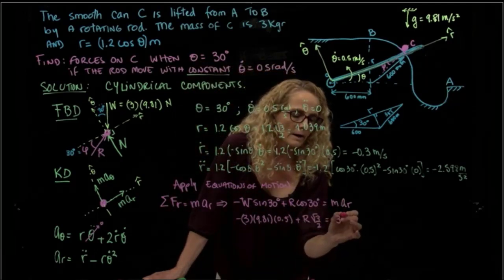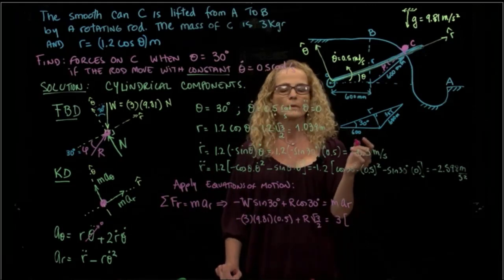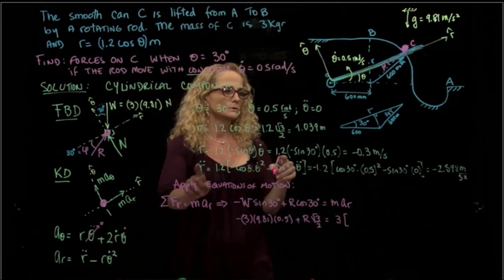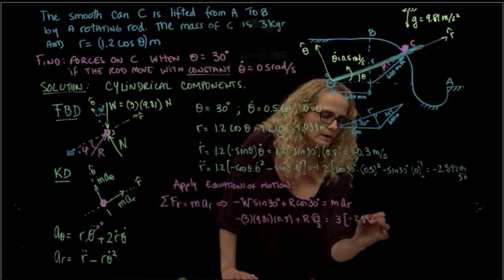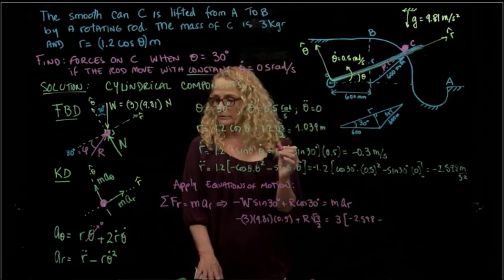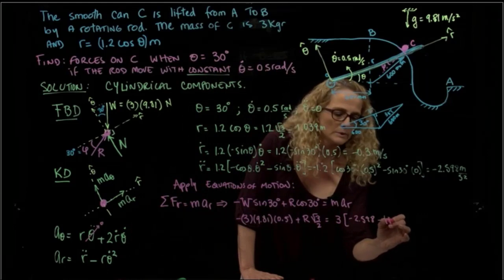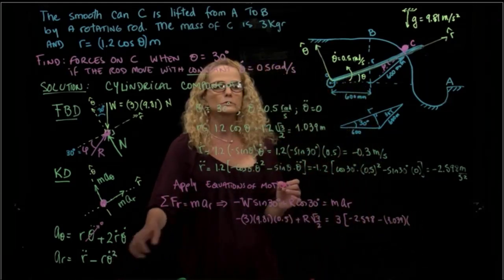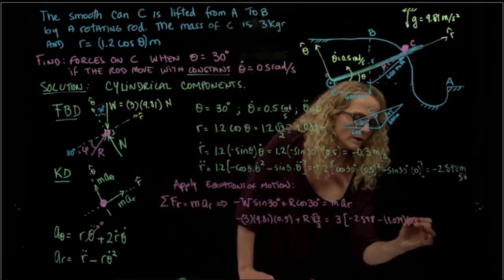And the value of r, I haven't calculated that, but it's r two dots, which is negative 2.598 minus r, which is 1.039 times theta dot square is 0.5 square.